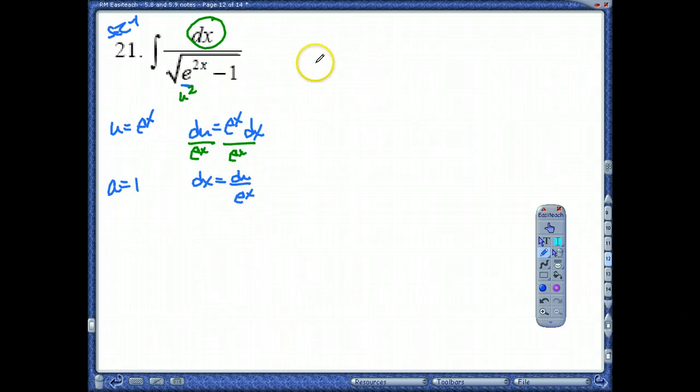So I'm just going to make my little substitutions here. My dx, I'm going to substitute that out. So that's going to be du over e to the x all over my square root of e to the 2x minus 1.